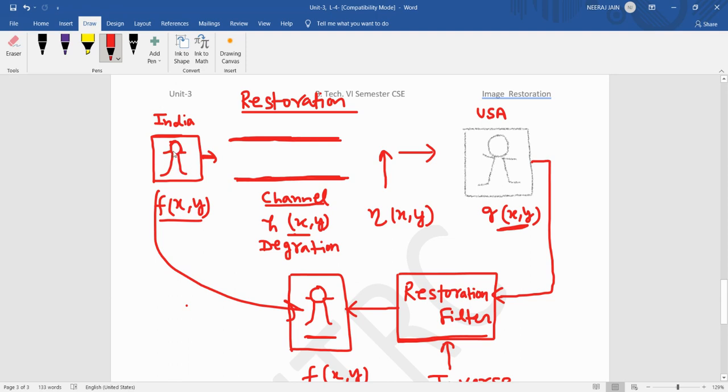and we want to send this image at a distance, to the USA. Now it is the original image as shown here.